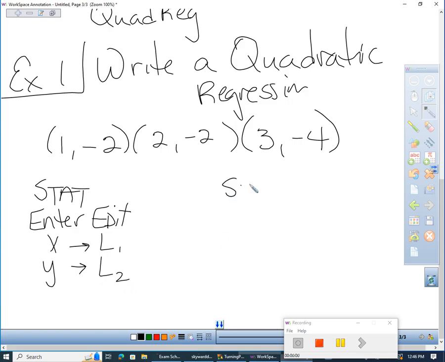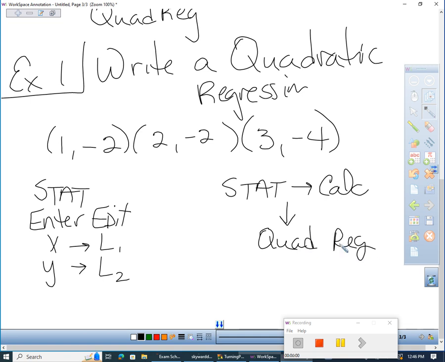Then we go back into Stat, push over to Calculate, and you go down to number 5. And what did we say we use for a quadratic?